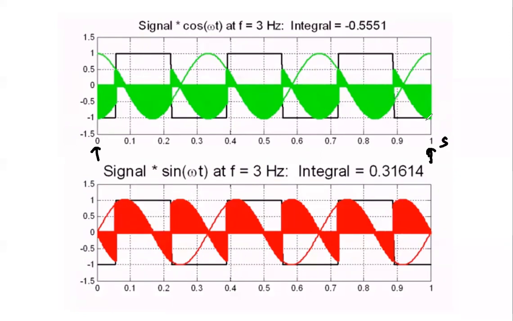So what is the frequency of that square wave? 3 hertz. So in 1 second, you have 3 full cycles, so that is a 3 hertz signal. Isn't it 2.5 hertz?